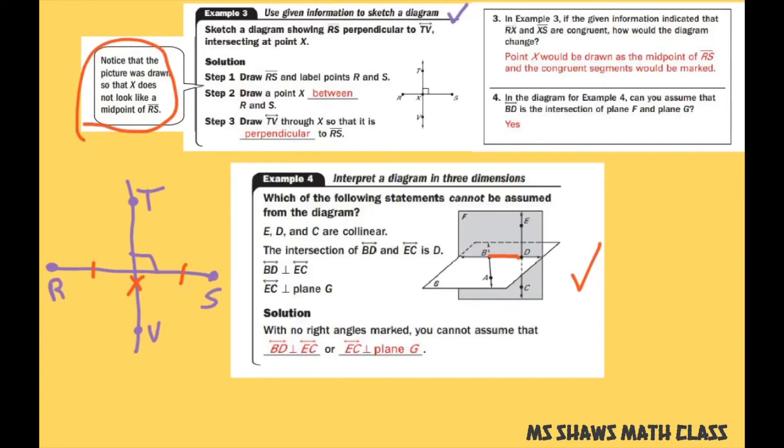So we're looking at the line BD, so this whole line is at the intersection of this plane F and G. And yes, you can. It doesn't have to do with being marked. You can just see that it's intersecting. Just like you don't have to mark when two lines are intersecting. You can just see that it's intersecting. You can assume that.